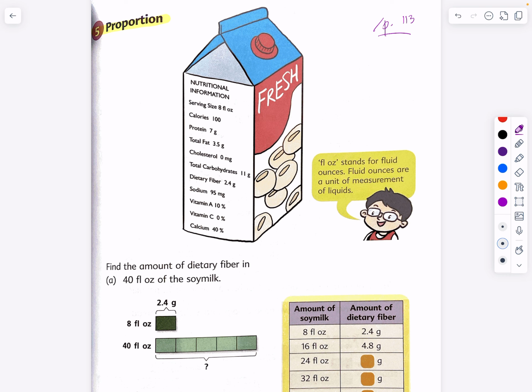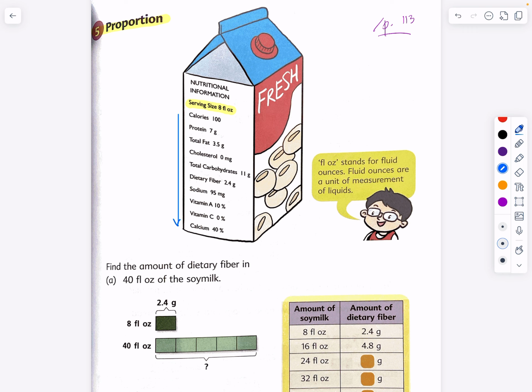We do have a carton of milk. Every time on the back of any food product you buy, you will have nutritional information, and it will always give you the list of different elements that you would be consuming based on the size of the serving.